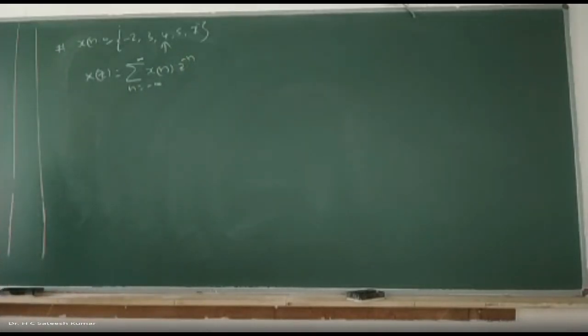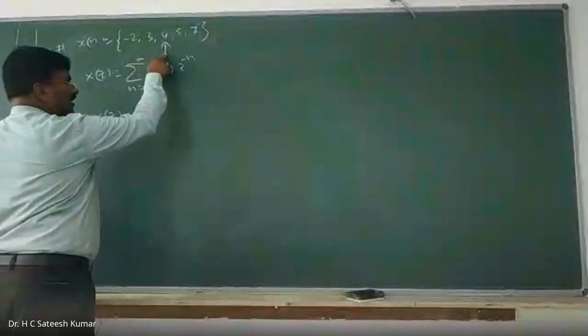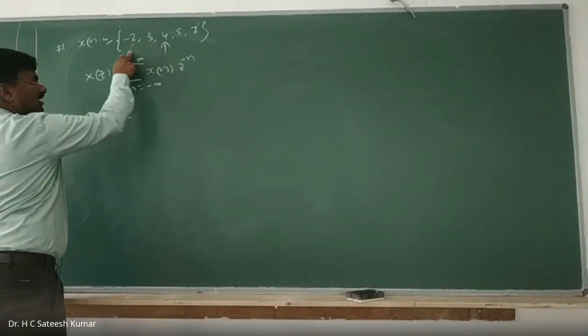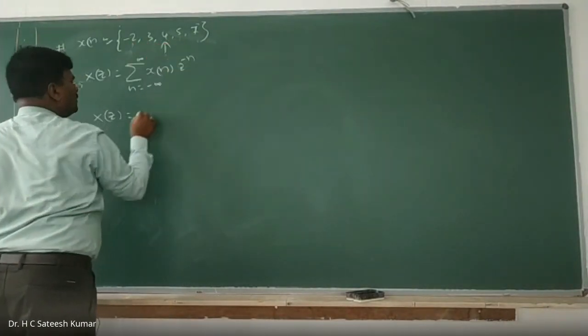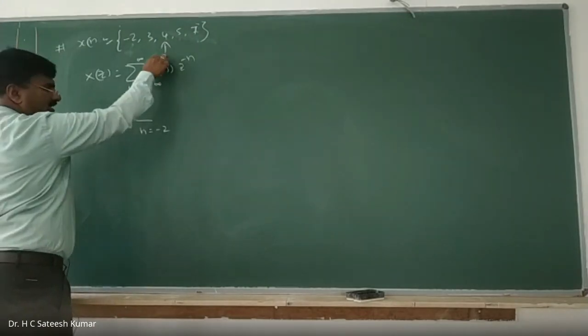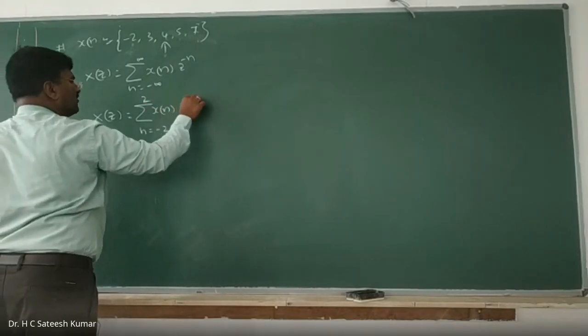Now the arrow mark is at 0, so starting from minus 2, up to 2. This arrow mark indicates the 0th value.